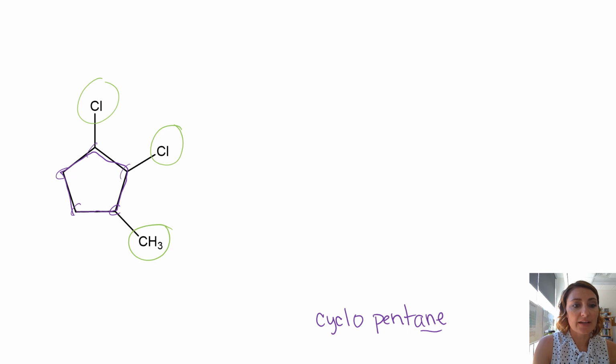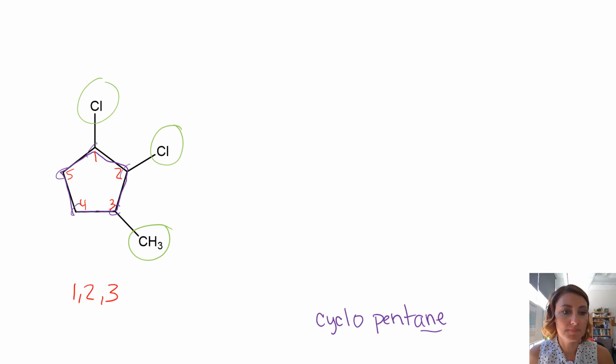So I have to figure out next how I am going to number these. So I can start with the chlorine. I can start anywhere as long as I number in order. So I could count clockwise 1, 2, 3, 4, 5. Okay, and if I were using this numbering scheme, I would have branches in the 1, 2, and 3 pattern.